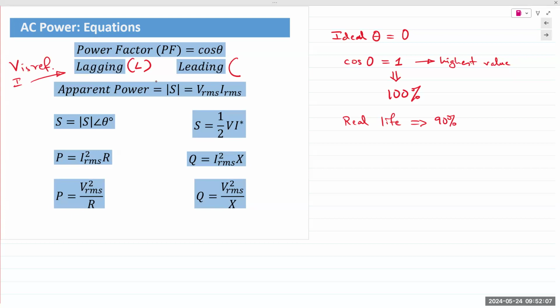So again, voltage is the reference and the current is leading, so we say power factor is leading. If the current lags, power factor is lagging. If the current leads, power factor is leading. Again, the goal is we want that Q to be as small as possible. These quantities help us describe how the system is functioning.